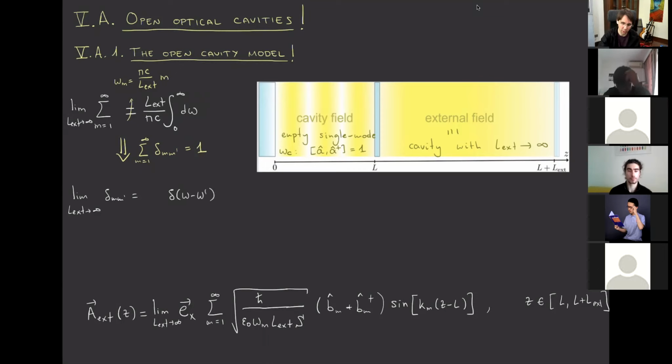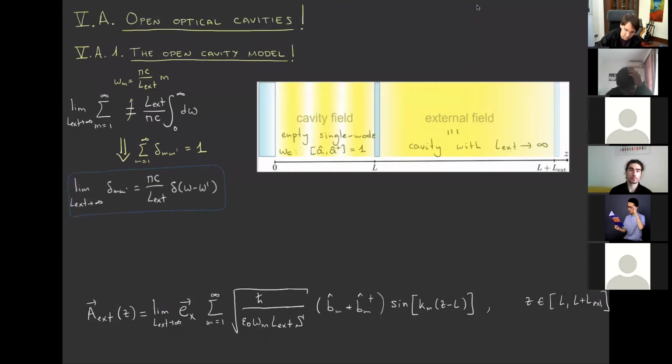I will call omega the frequency associated to m and omega prime the frequency associated to m prime. And then, because we have this factor L divided by c, we need to add a factor pi c divided by L.